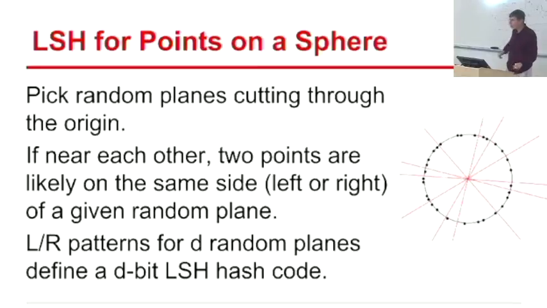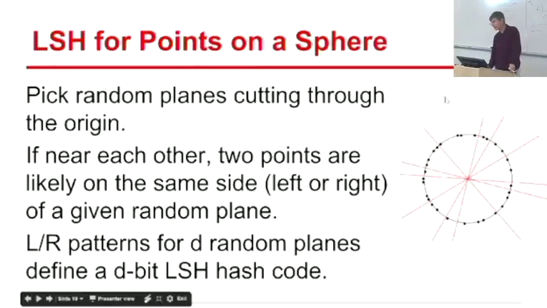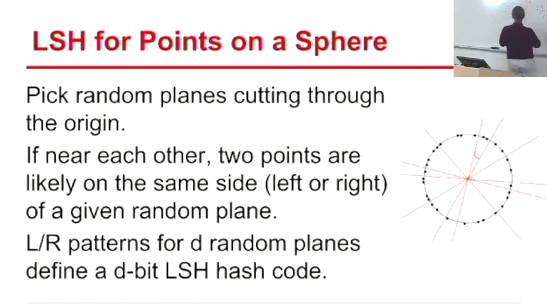You wouldn't want to accept a split if it didn't split through a lot of points. It would be bad if all my points happened to live here and I picked these as my random planes. So you might want to pick a plane, see how well it works, and if it's bad, discard it.